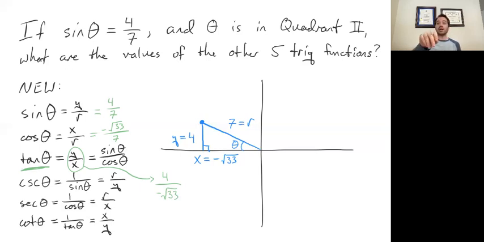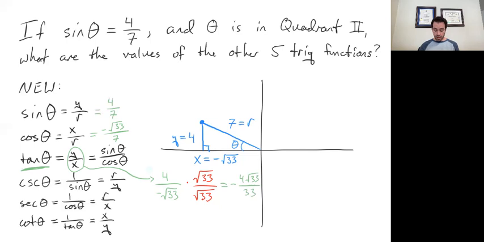I'm going to take the minus sign, bring it out to the front of the entire fraction, and I'm also going to multiply by square root of 33 on the top and bottom. So the bottom turns into just 33. So this will be negative 4 square root of 33 over 33.